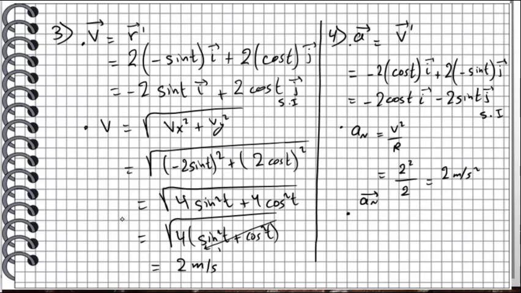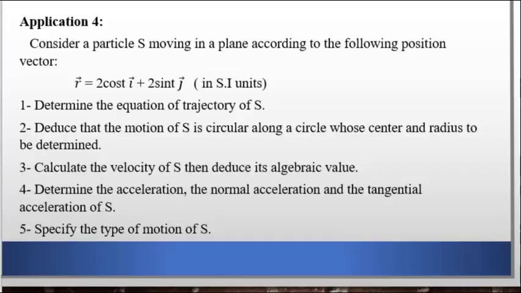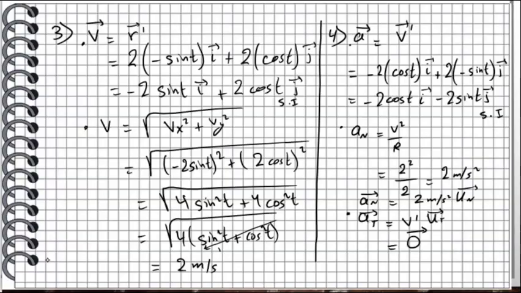A normal vector is 2 meter per second square along the unit normal. And about the tangential, it is the derivative of the speed along the unit tangential, and the derivative of the speed is 0. So it's the 0 vector.